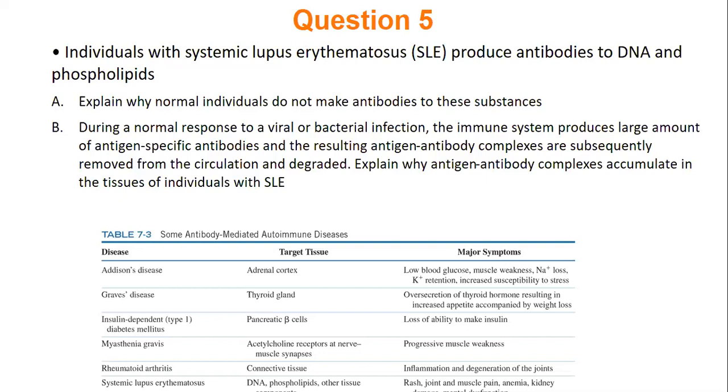And what happens, B, why does it happen? Why do you have a lot of this in your tissue? Because your tissues have phospholipids and DNA. So for those individuals with SLE, it is very detrimental when you are more or less just attacking your own DNA or anytime a phospholipid is presented. But the point of those questions is to understand how an antibody works.